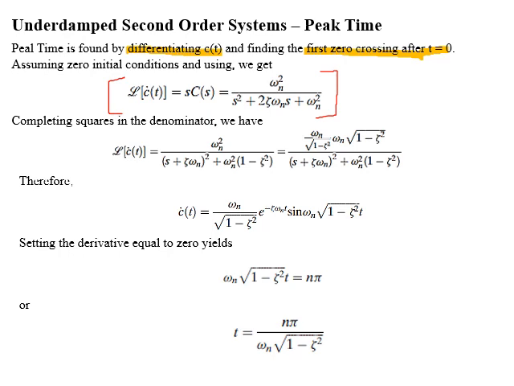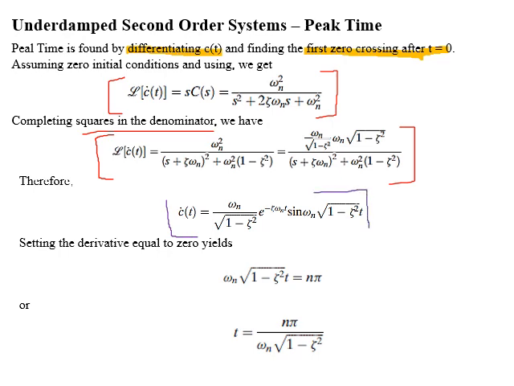Now for time domain response, we will take inverse Laplace, and for this we will convert Laplace domain relation of c dot of t into a specific form by completing the square in denominator, and hence using Laplace transform table we will get our desired time domain response.